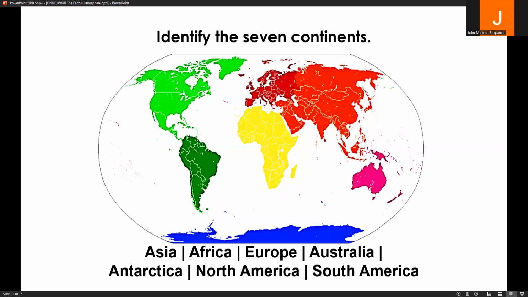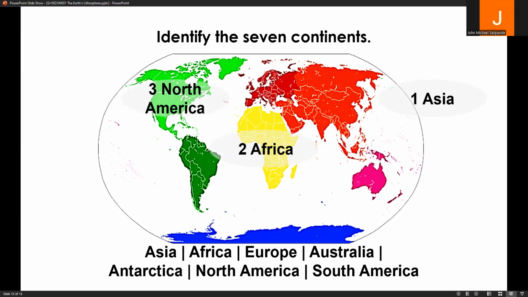Now, let's move on to the crust by revisiting the seven continents first. Okay, so let's start with the biggest continent, which is marked here by color orange. That's Asia, followed by the yellow continent here, which is Africa, and then the light green continent, which is North America.